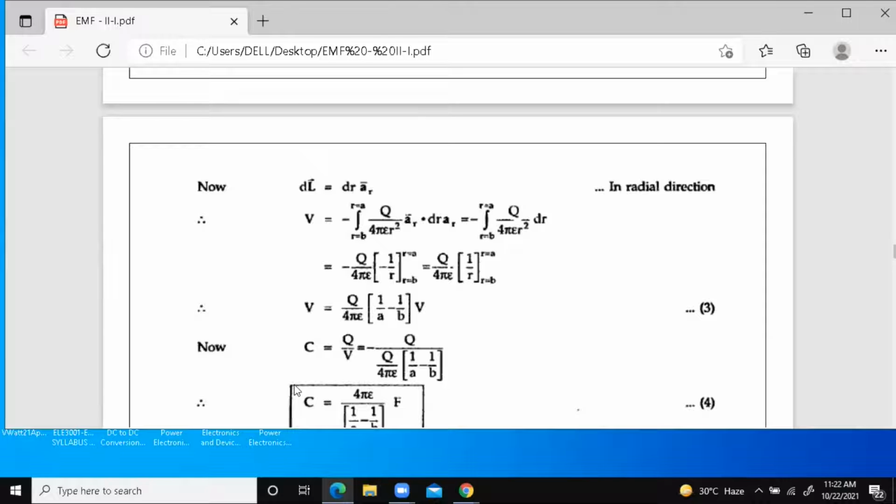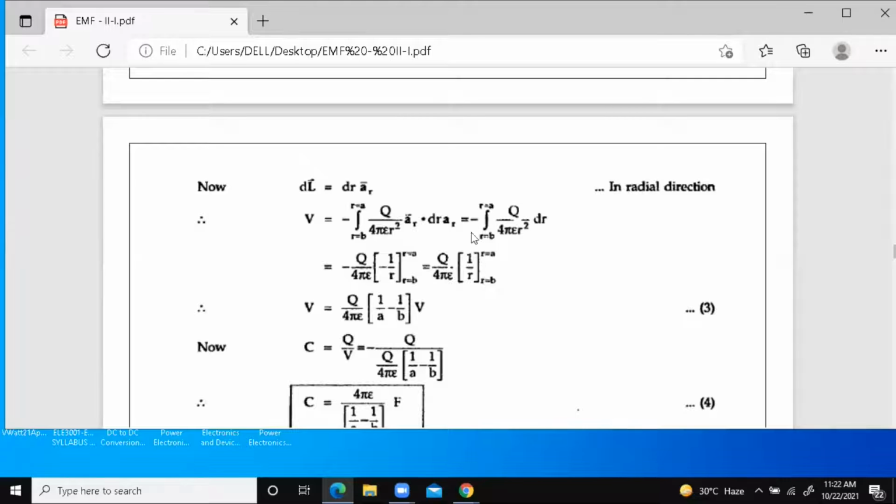So if you do the vector algebra, a_R dot a_R is what? One, right?